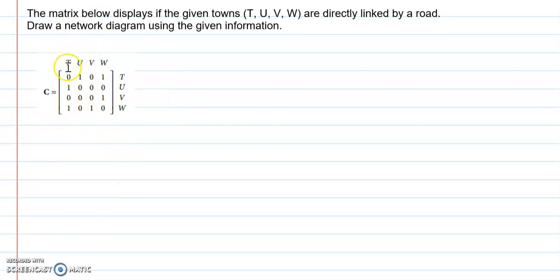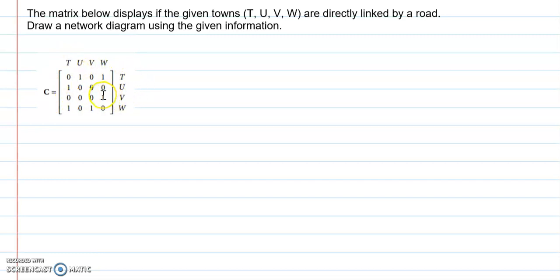As you can see, there are 4 towns, T, U, V, W. Obviously there's no direct road linked between T to T, or U to U, or V to V, or W to W. But if you read across, T has a direct route to town U, and T also has a direct road to town W. U has a direct road to town T, as we have seen in the first row.